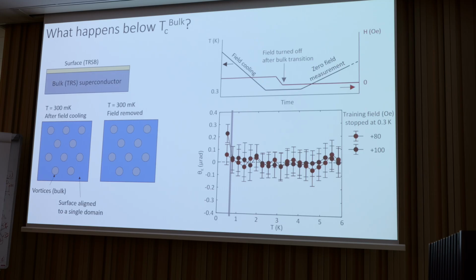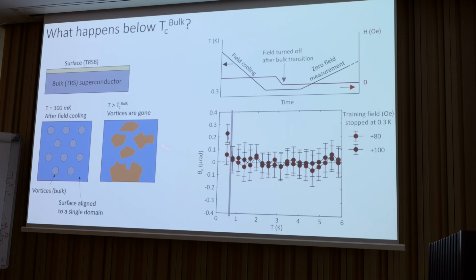And so as you warm the sample up or remove the field, those vortices go away. And when they do that, the local magnetic field in the sample is changing. And therefore, maybe you flip those domains. If the coercive field is low, you can flip them. And then as you warm up, more of these vortices move away, and you scramble up your domains, and you erase whatever you have trained.